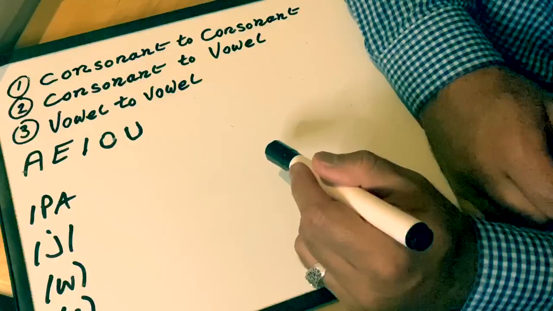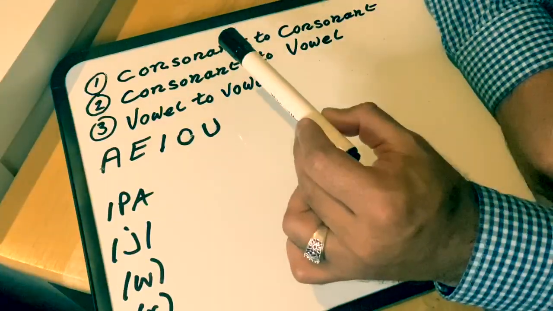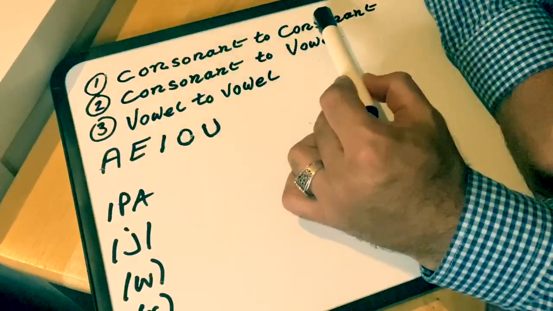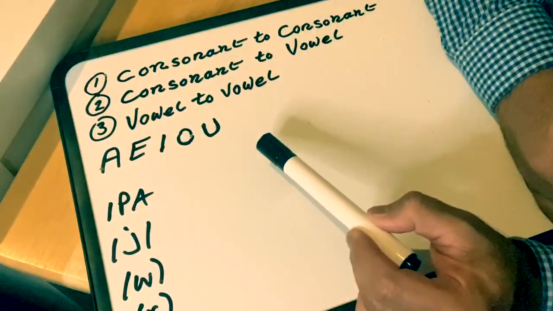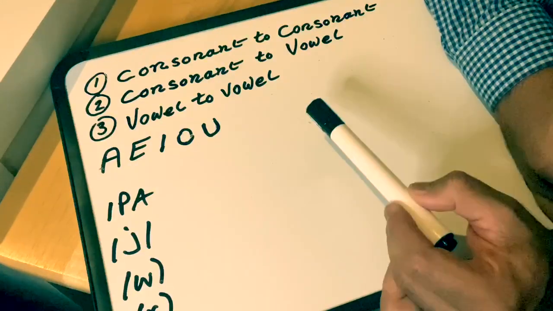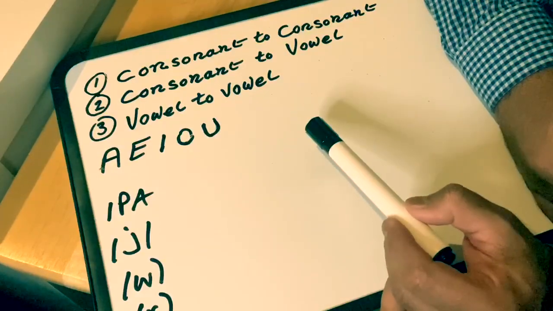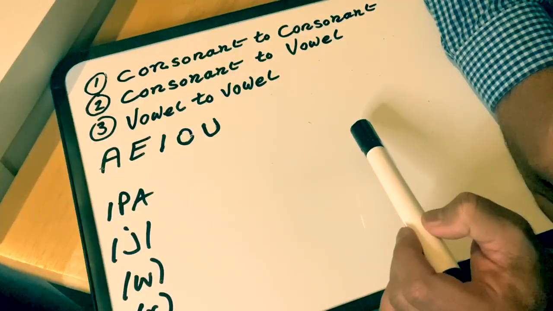I hope this helps. And just to recap what we've just learned: consonant to consonant, which means that a word finishes with a consonant and the next word starts with a consonant with the same sound, you just delete one.